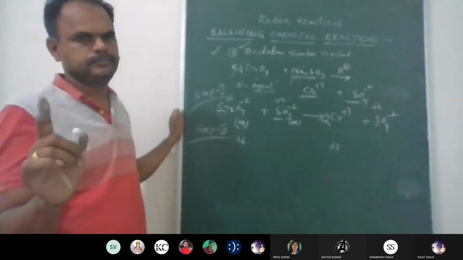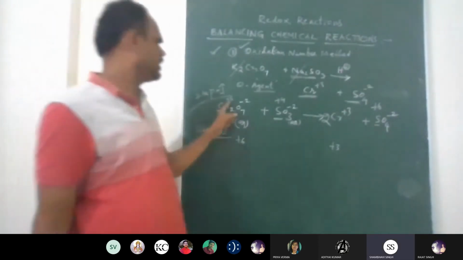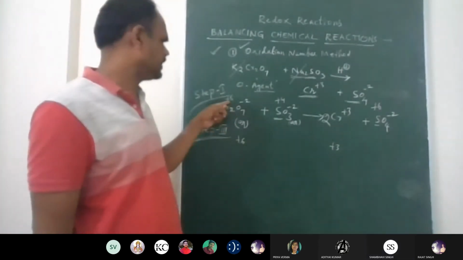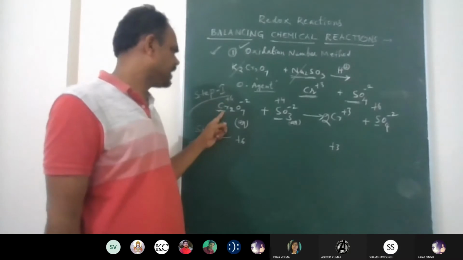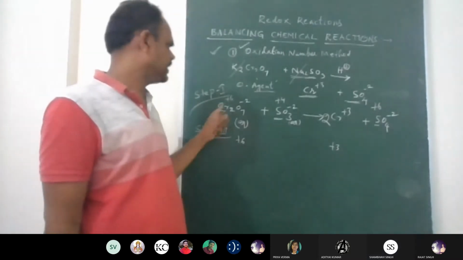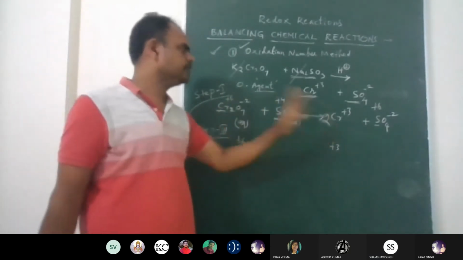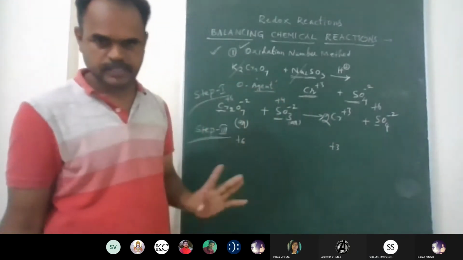Right? So here is the plus 6, we write it as the charge of 1 chromium atom. So here what I am doing, the 2 chromium atoms I am balancing.